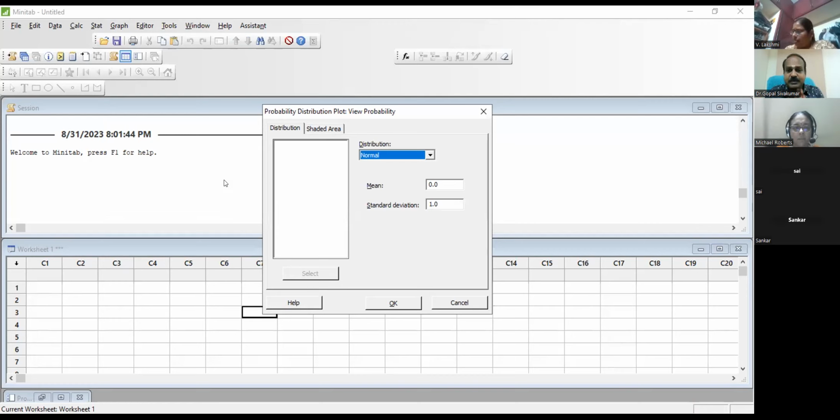That's the time you must use the standard normal distribution. Otherwise, normal distribution. The standard normal distribution is nothing but the theoretical distribution. So normal, mean equal to 0, standard deviation equal to 1. This is the standard normal distribution.